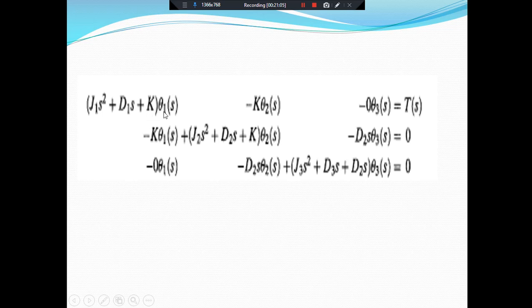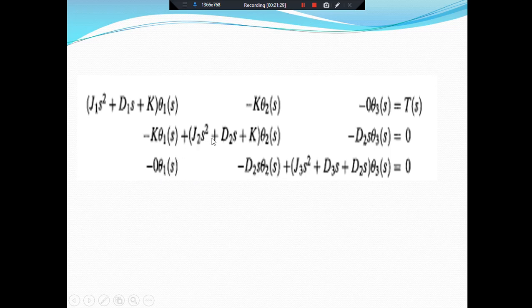Look, with the motion of theta 1, 3 forces are connected. Then between theta 2 and theta 3, there is only one force, and there is zero force between theta 1 and theta 3. Similarly, for theta 3, there will be 3 forces with theta 3, one force common between theta 2 and theta 3, and zero force between theta 3 and theta 1.